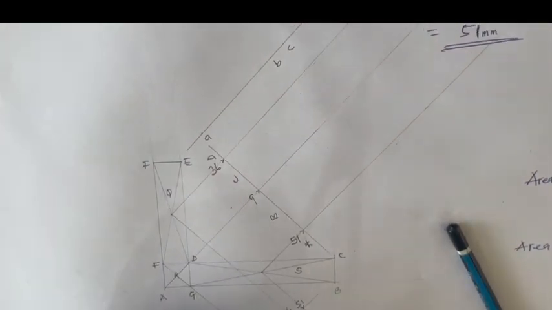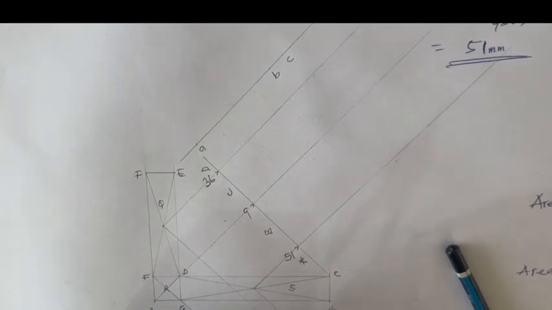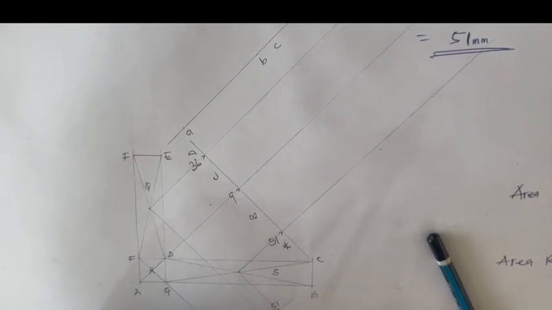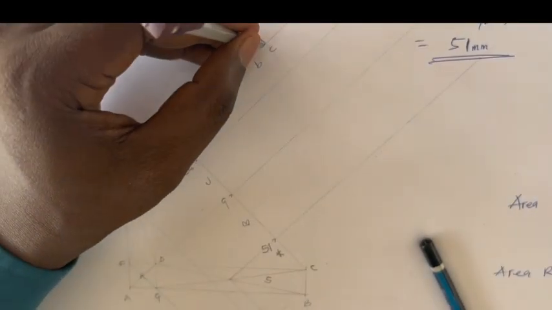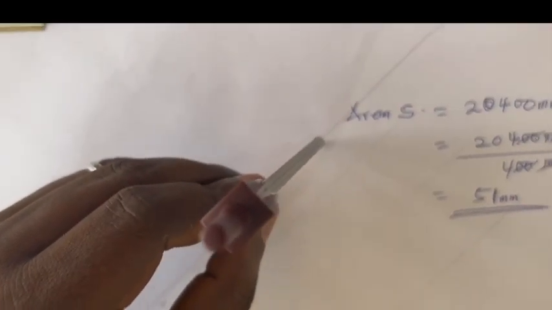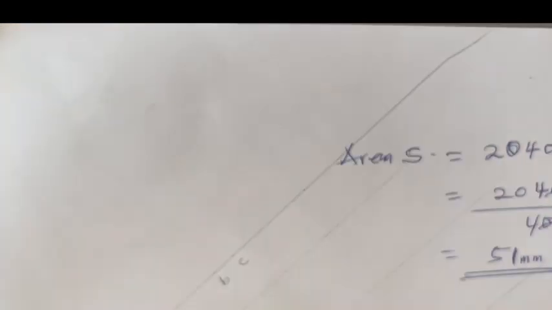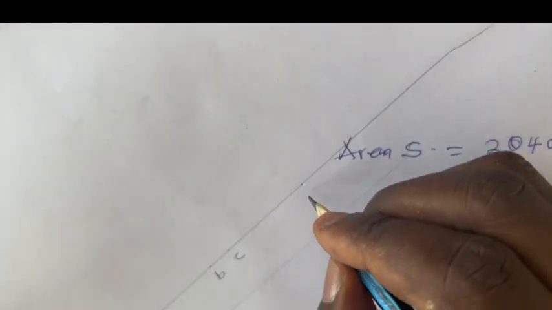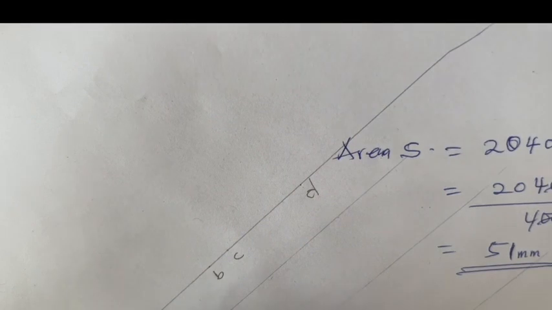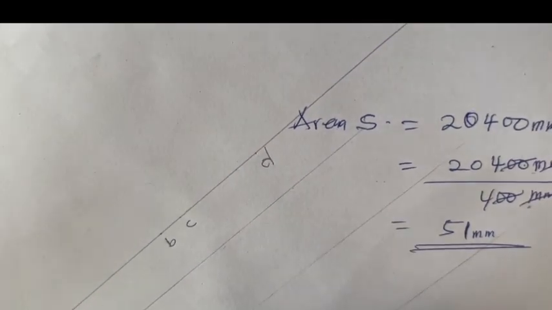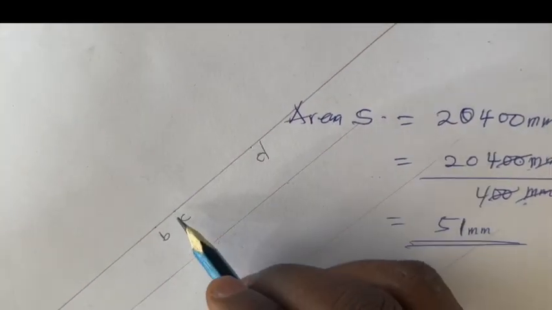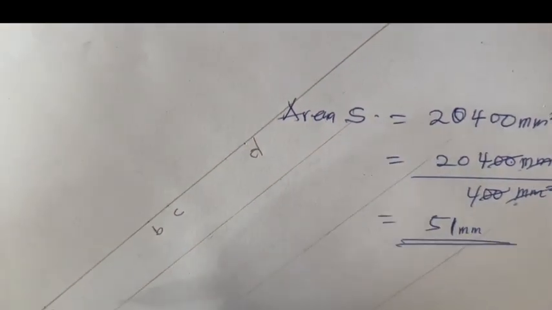Okay, so this becomes my C. Then I'll go to the next one, which is C to D, and that is 36. So I'll take the measurement of 36 from my rule, transfer it, and then I have it here. And that sends me to where we call D. So from A to B is 51, B to C is 9, C to D is giving me 36.